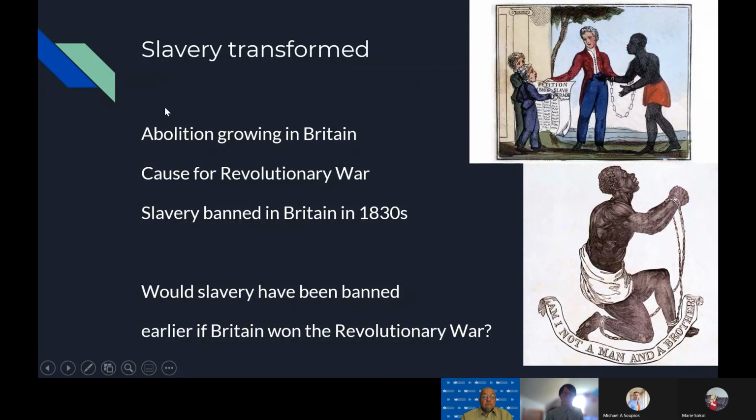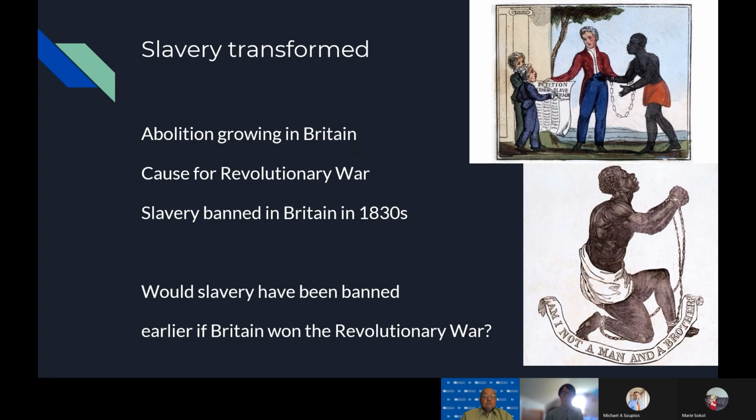So as I mentioned, abolition, this movement was growing in Britain. This is sort of getting to the end of the book. And the book mentions this was a big cause for the Revolutionary War. The colonists wanted to keep their slaves. The British were leaning towards abolishing their slaves.